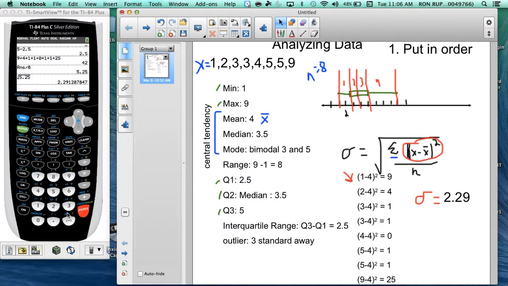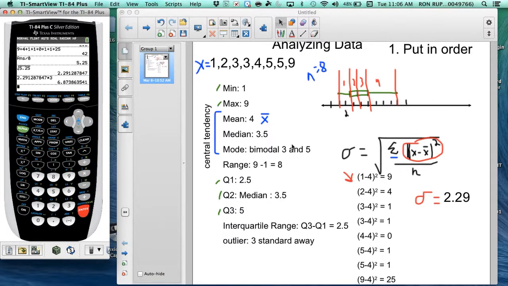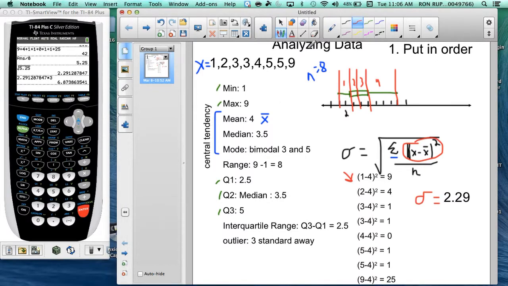So if I take 2.29, which was my standard deviation there, and I multiply it by 3, 6.87. So anything that is 6.87 higher than 4 would be considered an outlier, and anything 6.87 below 4 would be considered an outlier.